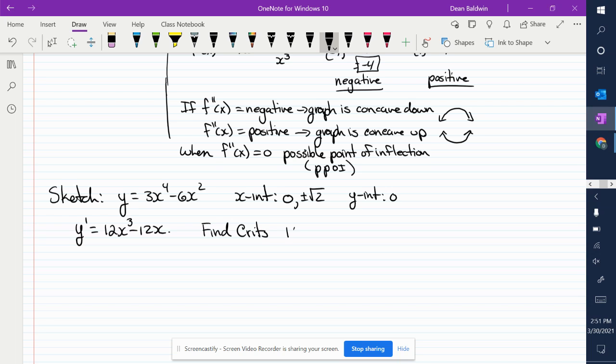So you just go 12x cubed minus 12x is equal to 0, and you solve it. Factor out 12x. Okay? And I get x squared minus 1 is equal to 0. So what are my critical numbers here? 0, 1, and negative 1.